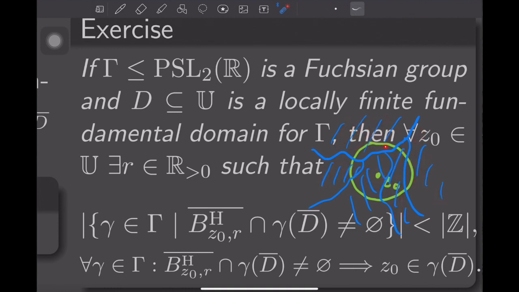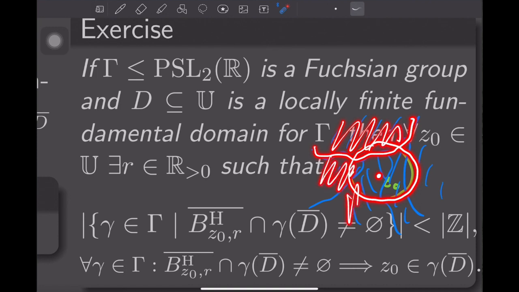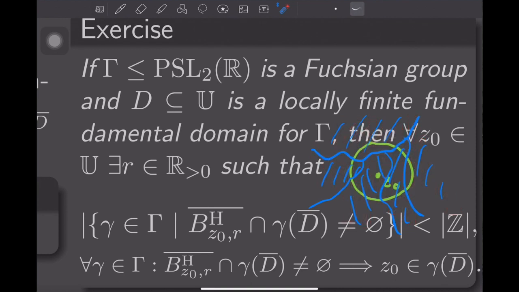My first compact disk around Z naught was arbitrary, and with that compact disk I was able to catch only finitely many gamma images of D bar. Because only finitely many gamma images of D bar intersect your original compact disk, you can take a sufficiently small disk so as to exclude those where Z naught does not belong.